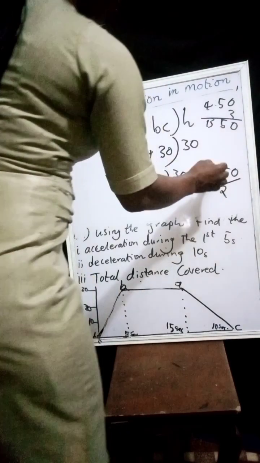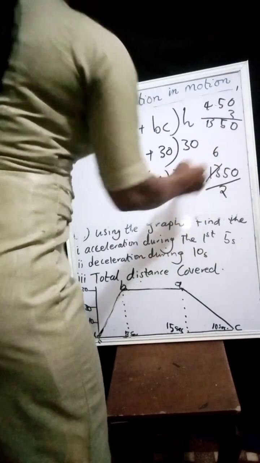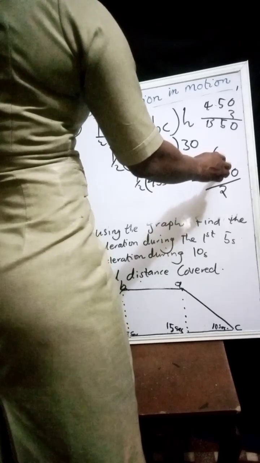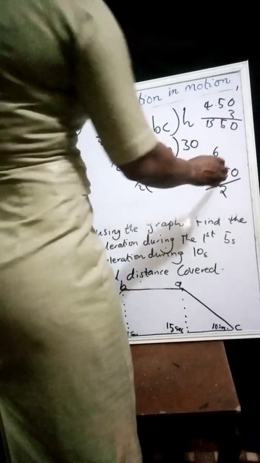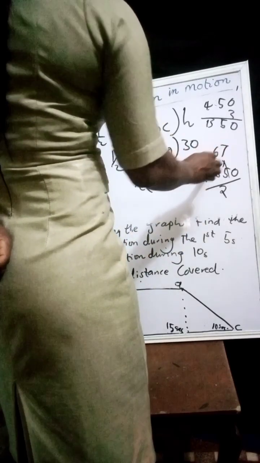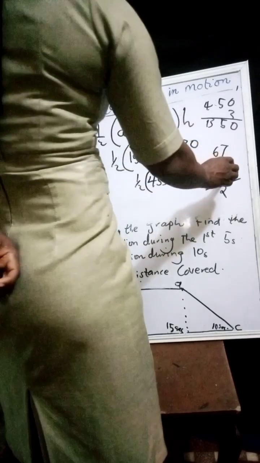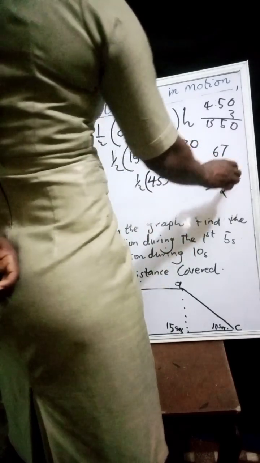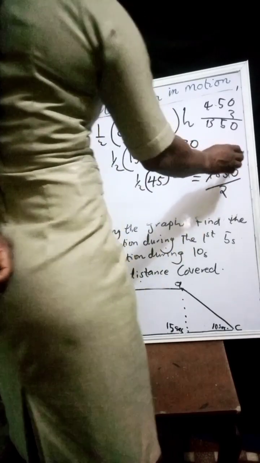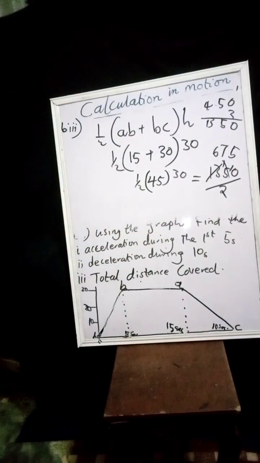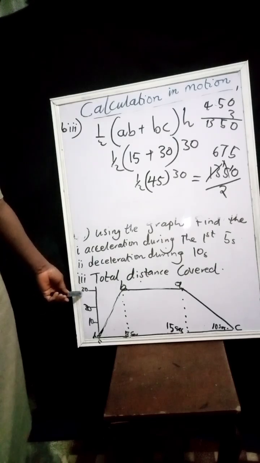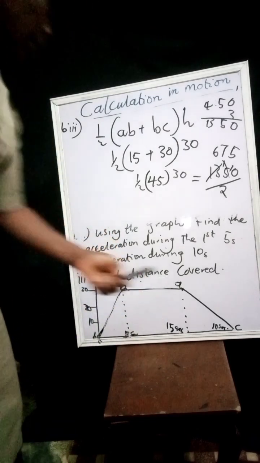So 2 into 13 will give us 6, remainder 1. Place the 1 in front of 5 to become 15. 2 into 15 will give us 7, remainder 1. Place the 1 in front of 0, it becomes 10. 2 into 10 will give us 5. So the distance covered, in what units? Remember, here is in meters per second, here is in seconds.